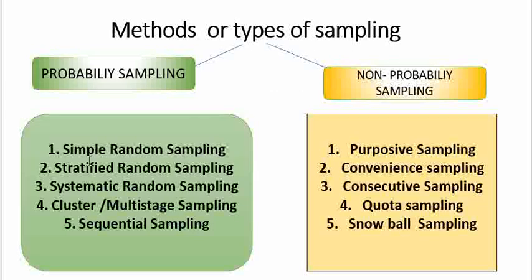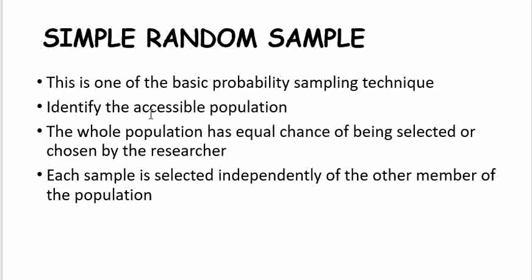The first type under the probability sampling technique is simple random sampling. As the name suggests, it is very easy to do, and samples can be easily selected from the population. Here they identify the accessible population. The whole population is given an equal chance to be selected by the researcher.